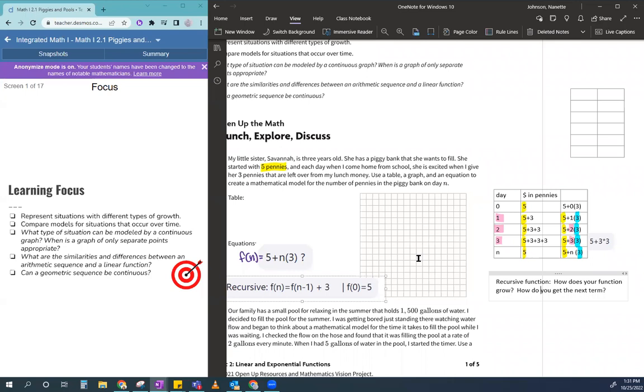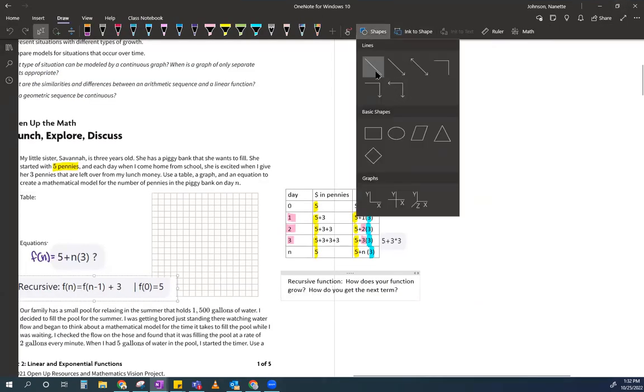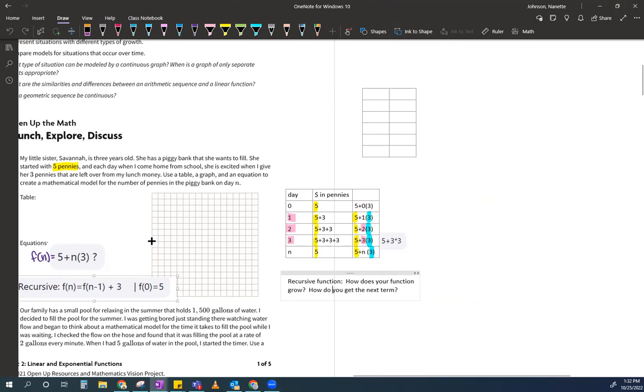Sorry, I can't draw straight lines on my iPad. So just pretend these are straight lines. Oh, I can draw straight lines on my iPad. Just for fun, I'm going to show you that I can draw straight lines because you guys all judge me. Miss Johnson, she's that teacher that can't draw straight lines. I'm just kidding. You don't do that, I know. So I'm just going to draw my straight line here. Ooh, it's not even part of the line.